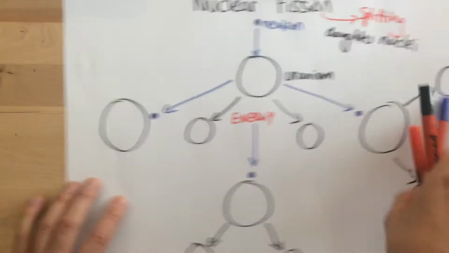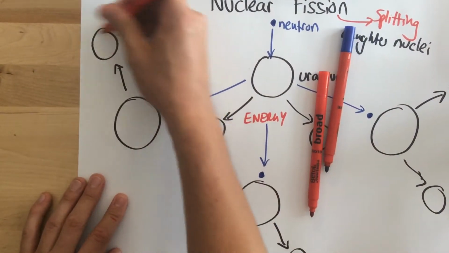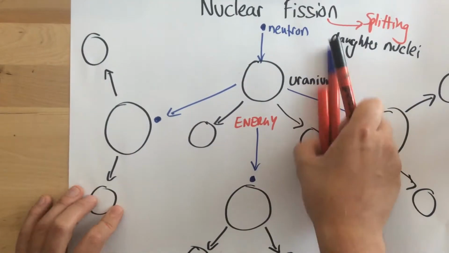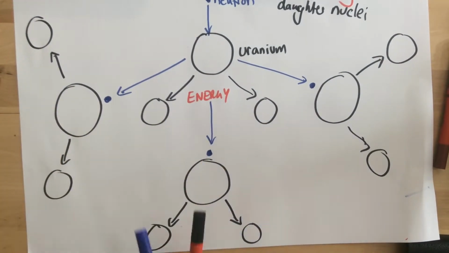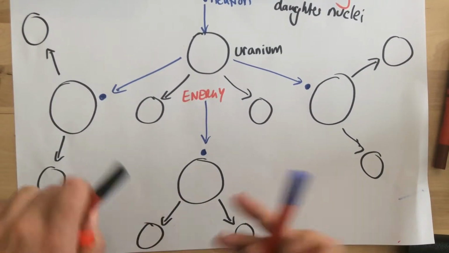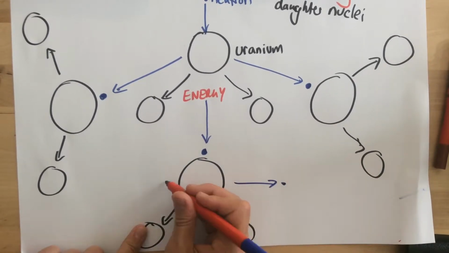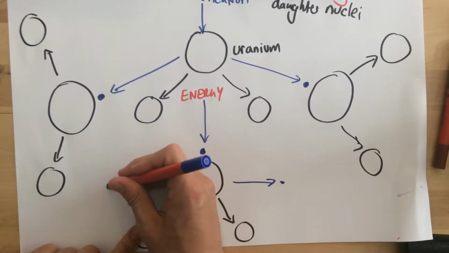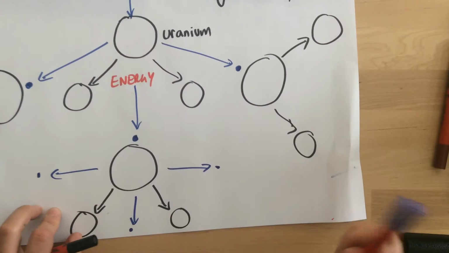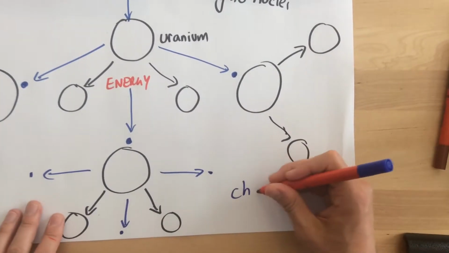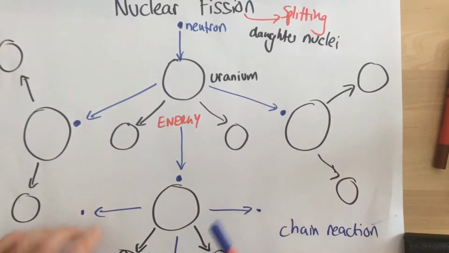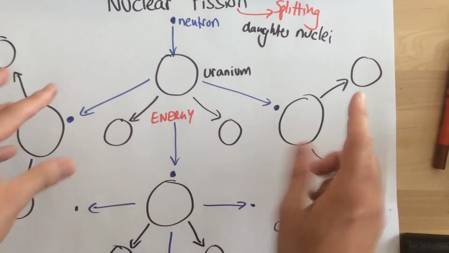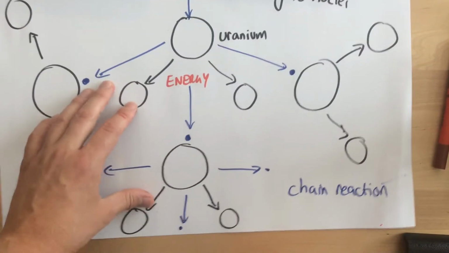So we can see from what started at just splitting one nucleus, we've ended up splitting several. And again, when these split, even more neutrons are going to be given out as well. This type of reaction is called a chain reaction. It just means that one of these reactions has caused several other reactions to occur.